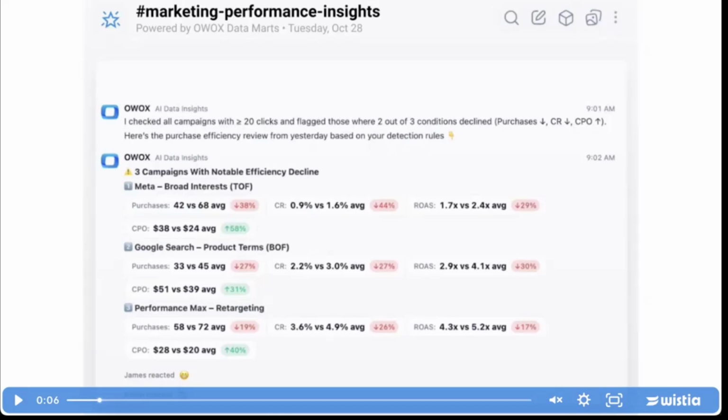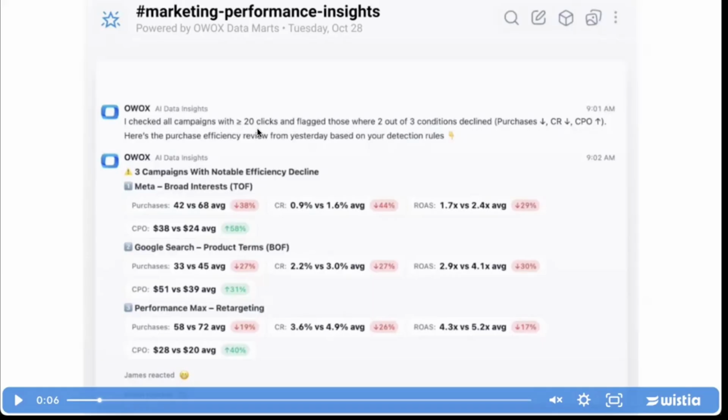So to support this workflow, we've adjusted the prompt, as you can see here, in two important ways. First, we ask for insights on a daily basis because speed matters the most here. The second is we add constraints so that the assistant in this chat doesn't surface the noise.